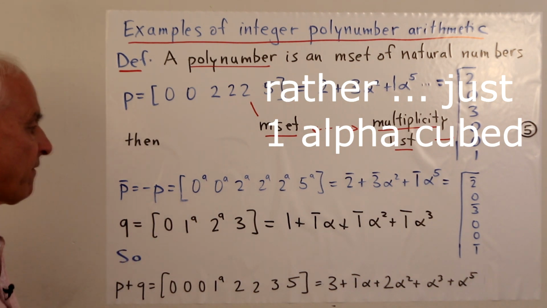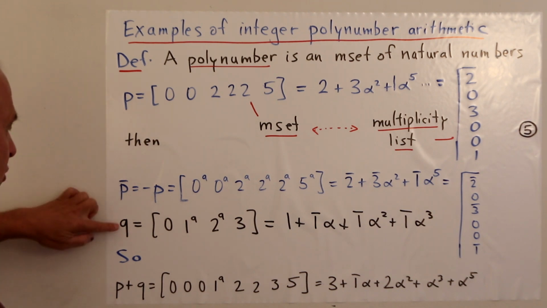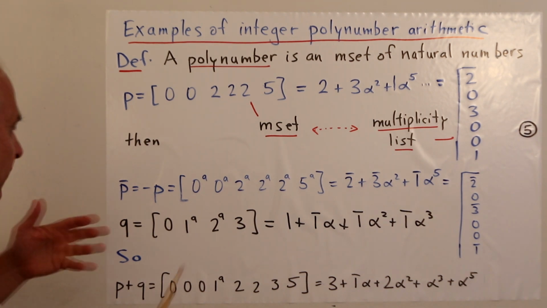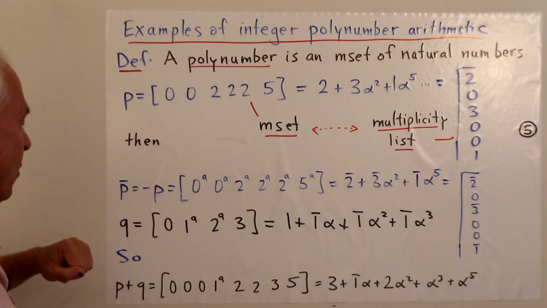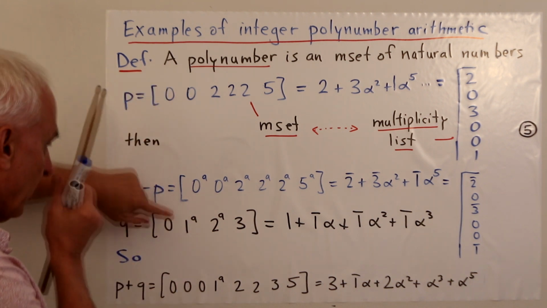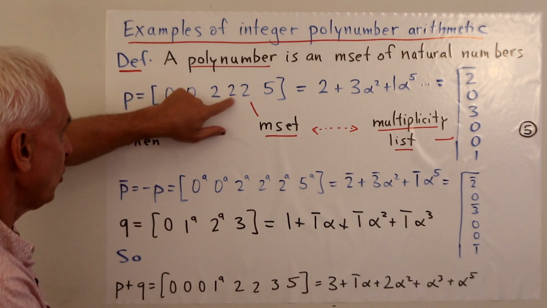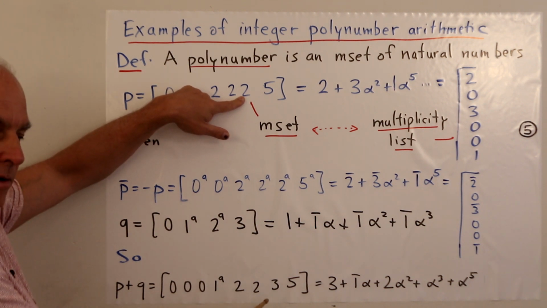So what would happen if we added, say, p and q? Well, we have to put them all together in a big mset. There's a 0 here, a 0 here, and a 0 here, so it'll be 3 zeros. There's a 1a, there's a 2, 2, 2, we'll put 2, 2, 2 in, and we also have to put a 2a in, an anti-2.